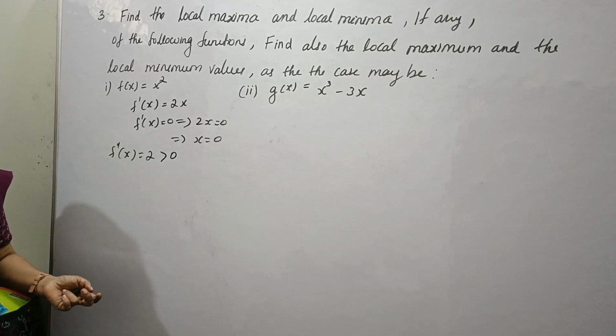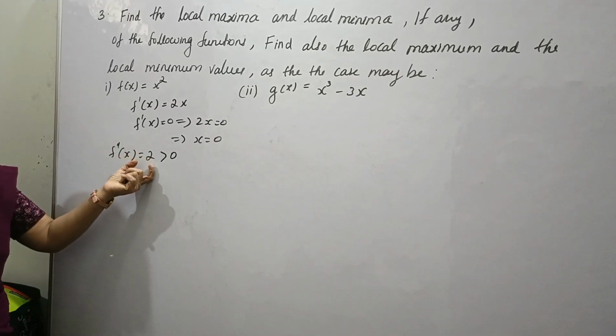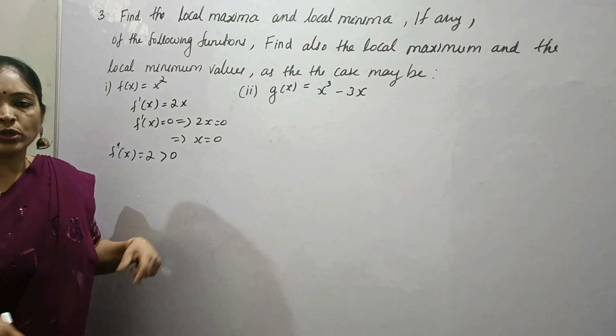So by the second derivative test, here f double dash of c is greater than 0. f double dash of x is equal to 2 means f double dash of 0 is also equal to 2, right?